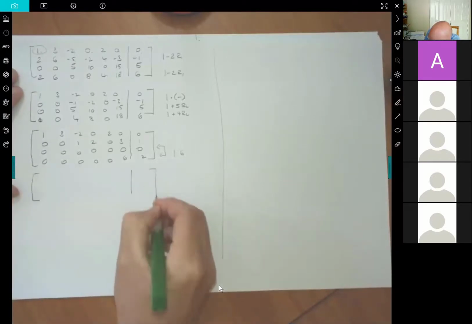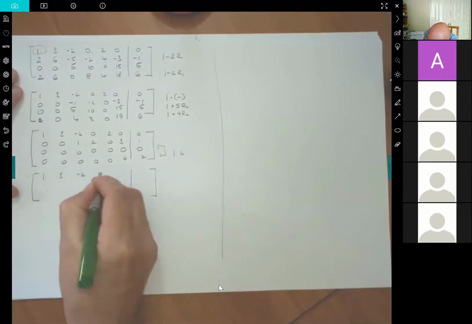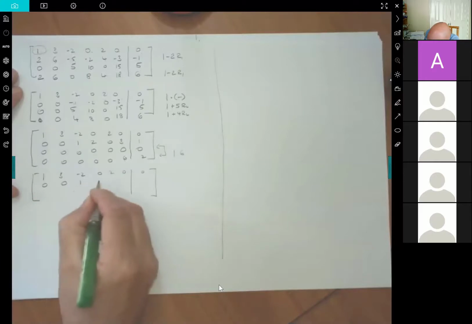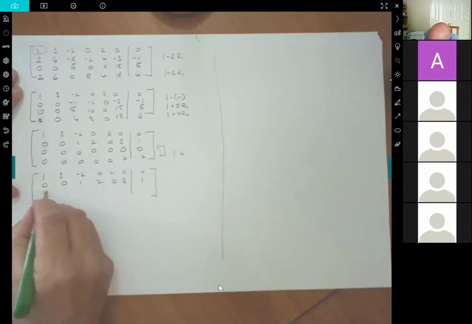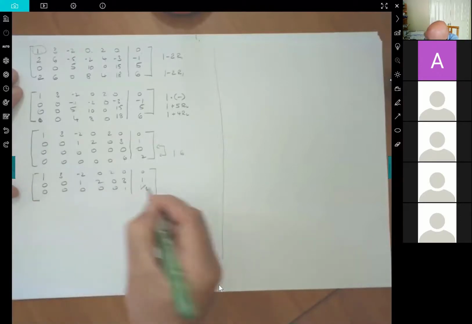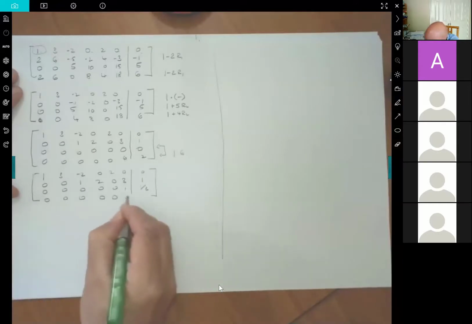You see that's actually not so bad, even if it looks big. 1, 3, -2, 0, 2, 0, 0, 0, 0, 1, 2, 0, 3, 1, 0, 0, 0, 0, 0, 1, 1/3. The 2 over 6 is 1/3. And we have a 0 row.